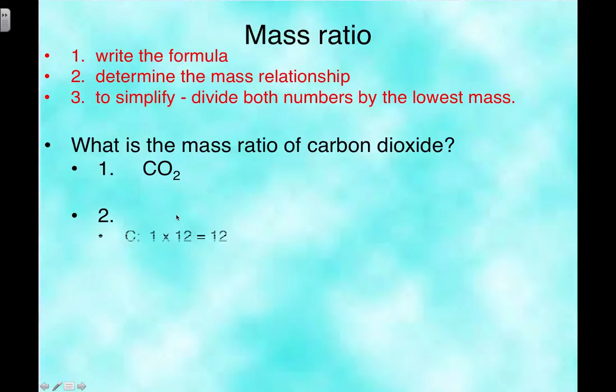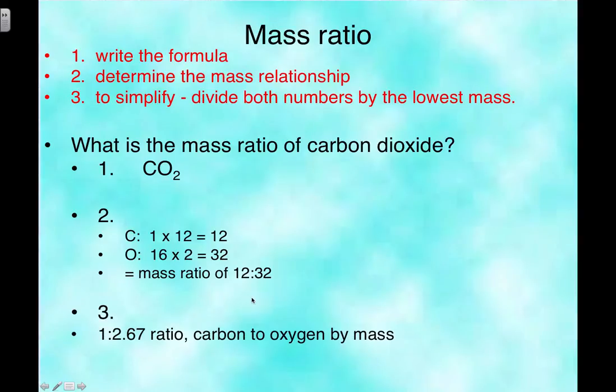Here we're looking at CO2, carbon, 1 times 12 equals 12, oxygen, 16 times 2 equals 32, has a mass ratio of 12 to 32. Now, if I wanted to simplify this, I would divide both sides by 12, and we would see that there is a 1 to 2.67 mass ratio of carbon to oxygen in carbon dioxide.